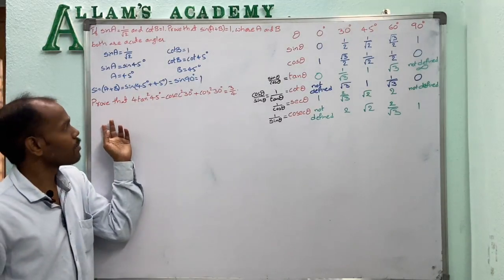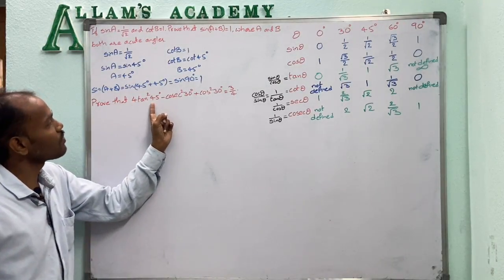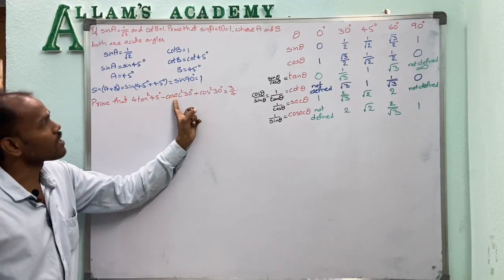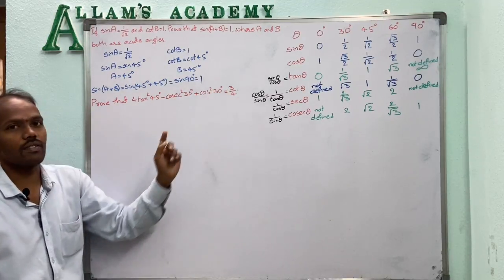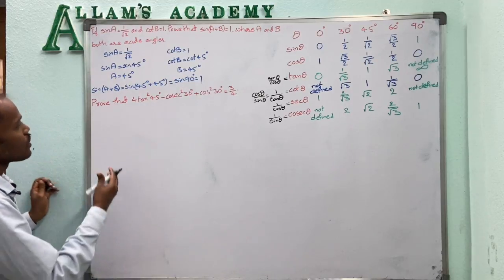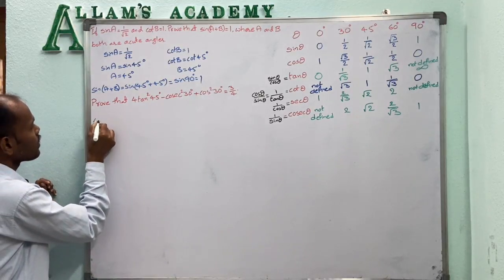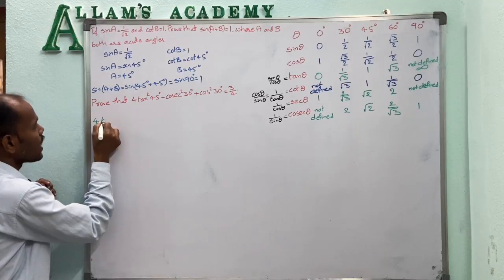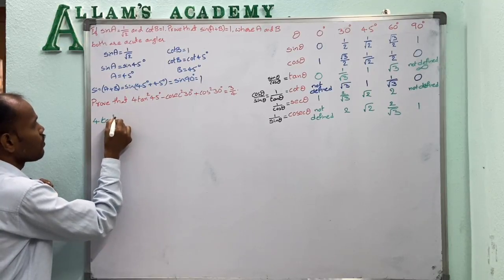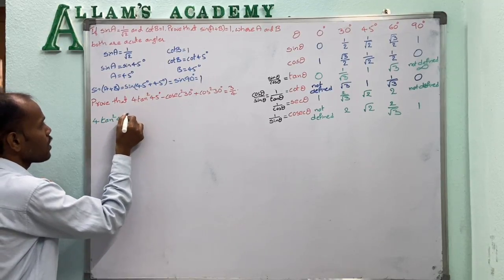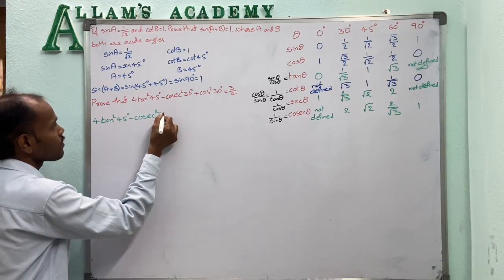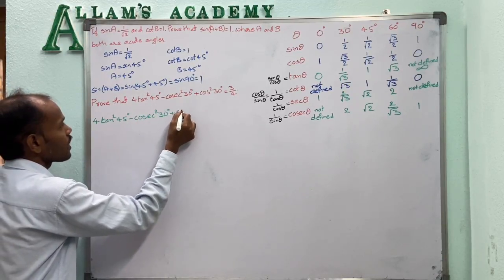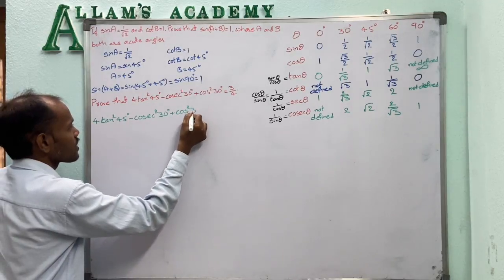The next problem given: 4 tan square 45 degrees minus cosec square 30 degrees plus cos square 30 degrees equals 3 by 4. Taking the LHS, 4 tan square 45 degrees minus cosec square 30 degrees plus cos square 30 degrees.